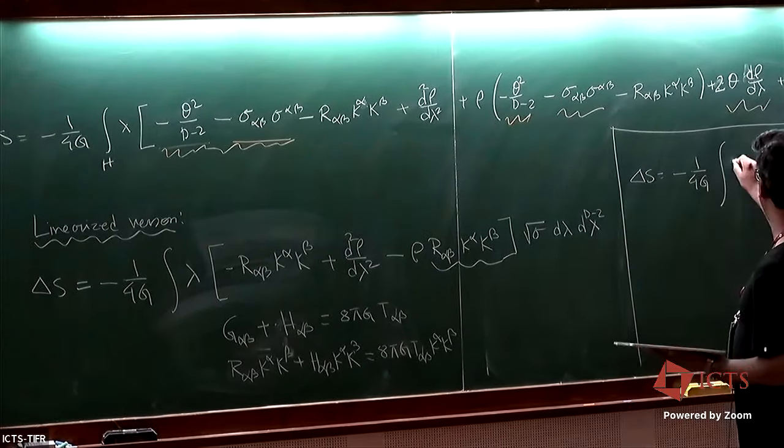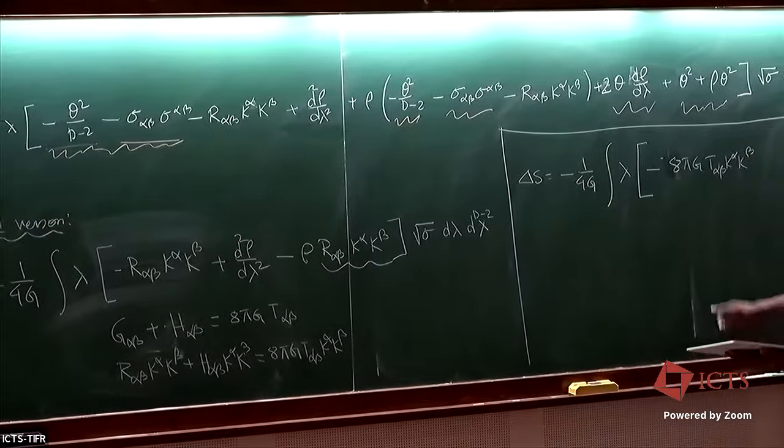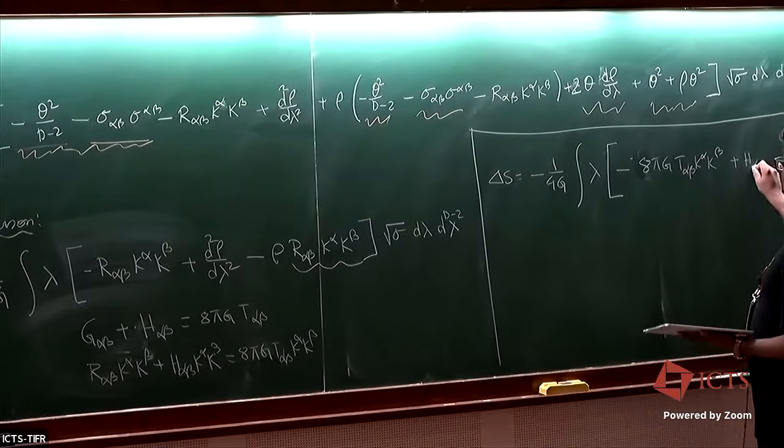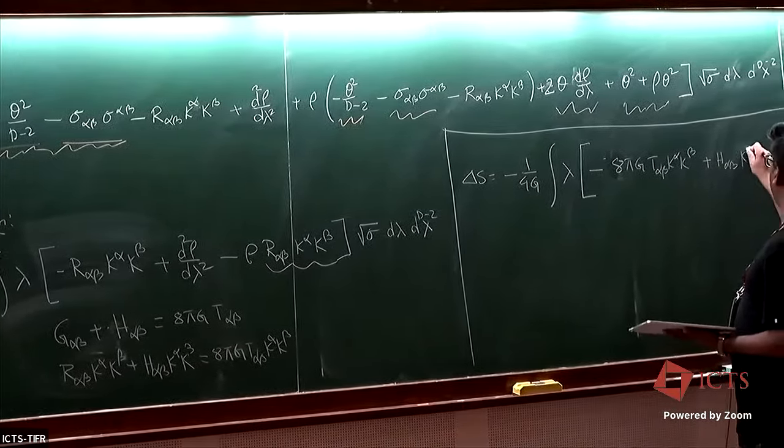This becomes minus 8 pi G T alpha beta K alpha K beta, then plus H alpha beta K alpha K beta. There is a minus sign outside, remember. And this I can write as K alpha K beta del alpha del beta rho.